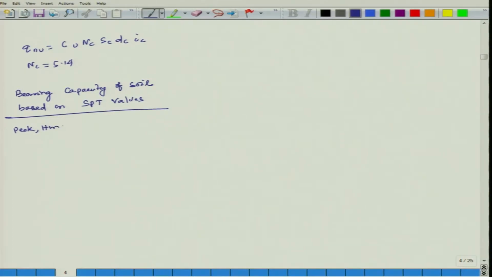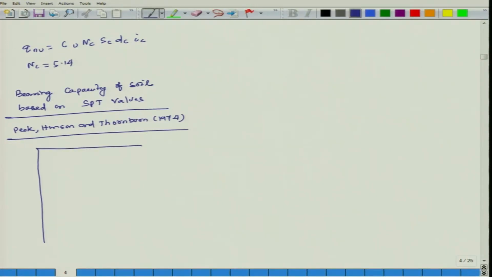Hansen and Turnbull, 1974. You can get it from the book.